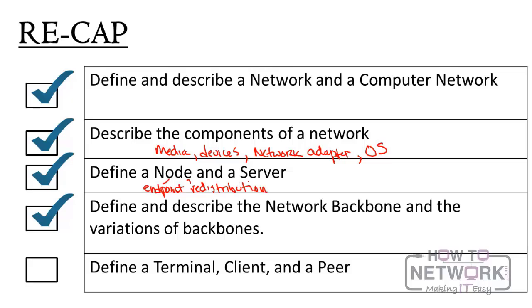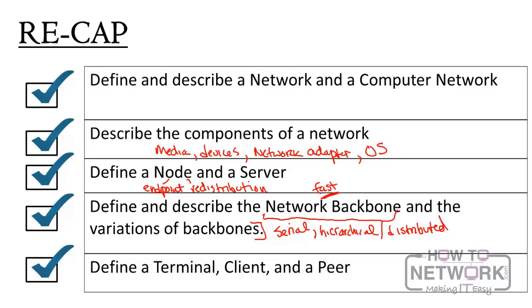We defined and described the network backbone, remember, which is really fast. And the different variations of it, which, if you recall, included serial, which is one after the other, hierarchical, also called distributed, then we looked at collapsed, and a more redundant form called parallel.